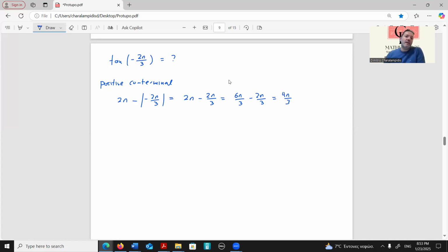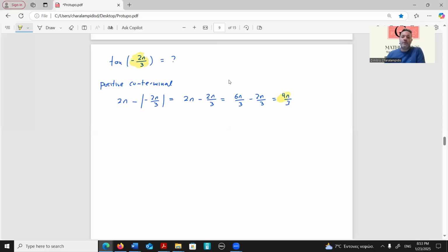So this means that the angles of minus 2 pi thirds and 4 pi thirds are coterminal, which means that they have the same trigonometric ratios. So up to this point, I know that sine of minus 2 pi thirds is the same as sine of 4 pi over 3.